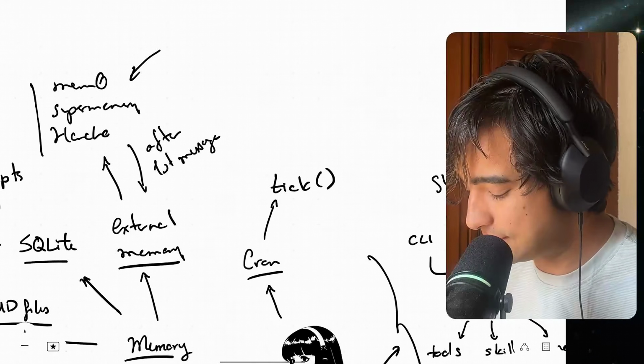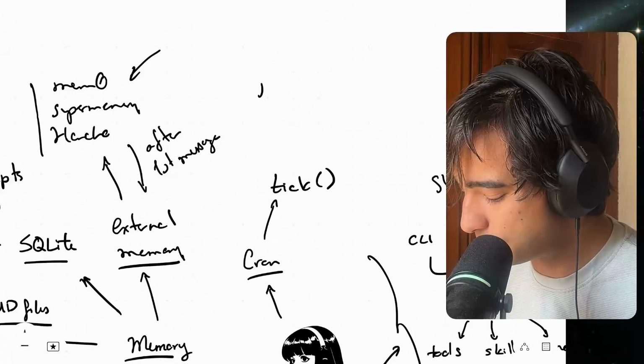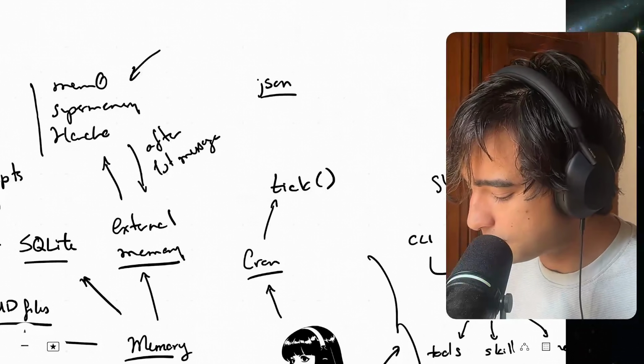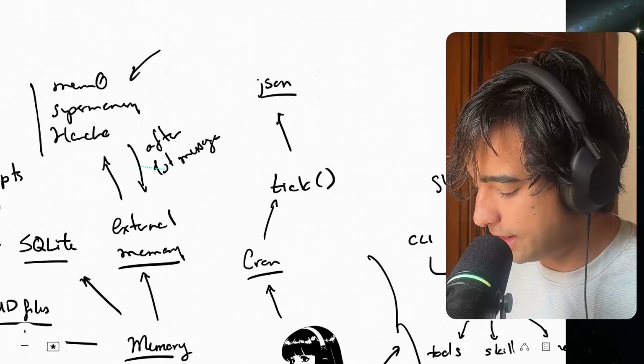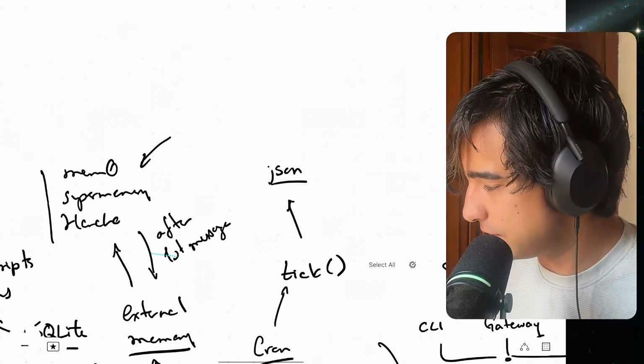What actually happens is that the cron jobs are stored as plain JSON. Okay, so there is a JSON file. Let me tell you exactly where it is.